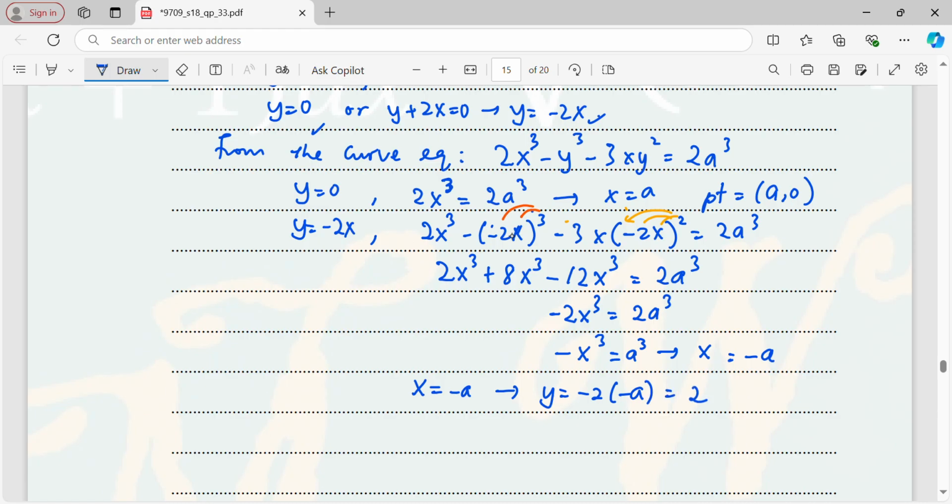So you are getting 2a. That means now the point has coordinates minus a and 2a. But when I rewrite my final answers, the points are (a, 0) and (minus a, 2a). So these are the 2 points when the tangent is parallel to the y-axis.